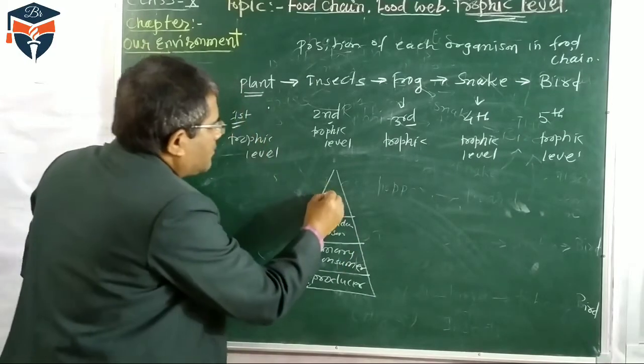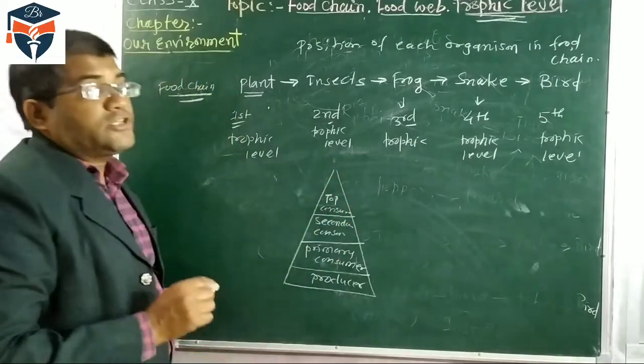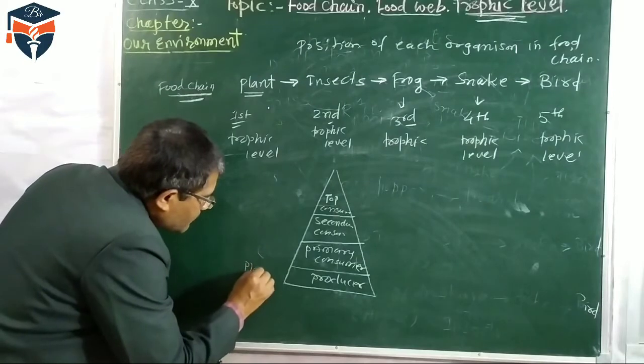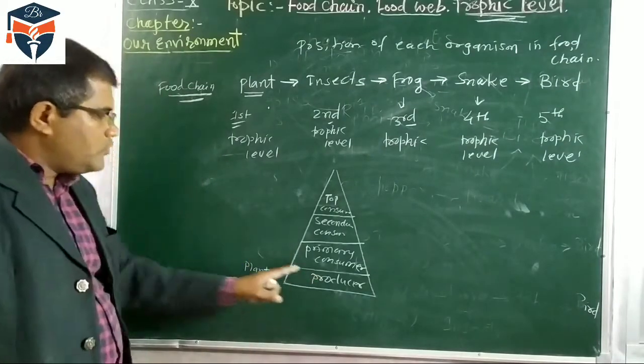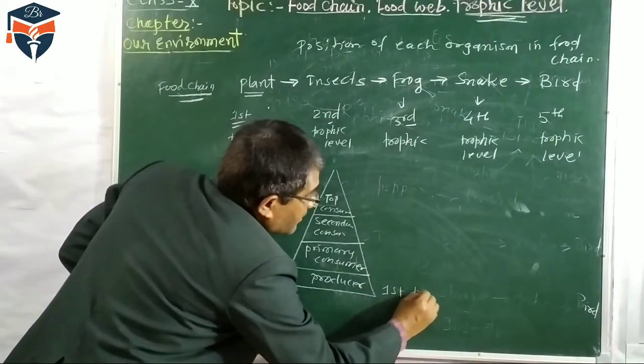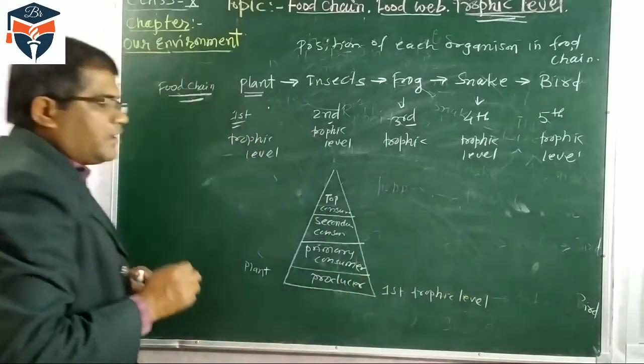And it is fed by top consumers. That we should understand by one example. Producer means plants. So this producer or plants always come in the first trophic level. This represents the first trophic level.